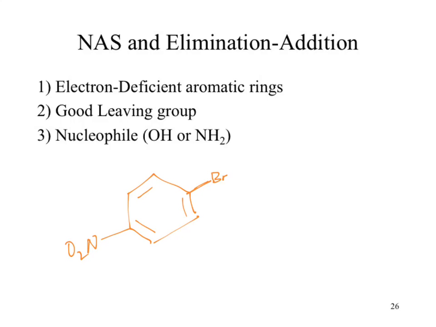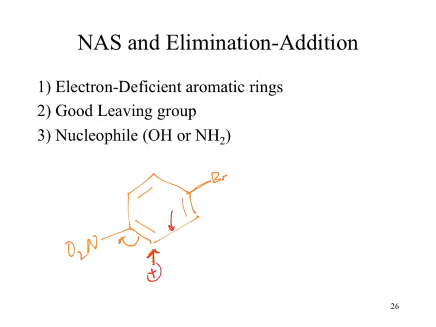And then where it's located is probably dependent on the electron withdrawing group. So if we pull electron density out, what charge builds on this carbon? A positive charge.